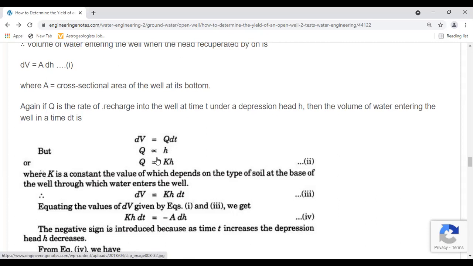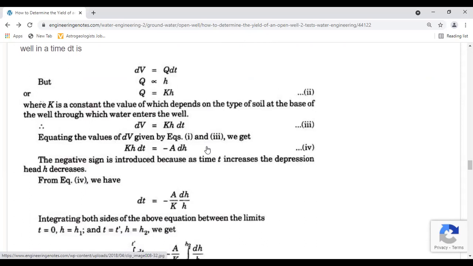Q is proportional to H, or Q is equal to KH, where K is a constant, the value of which depends on the type of soil at the base of the well through which water enters the well. So dV is equal to KH into dt.